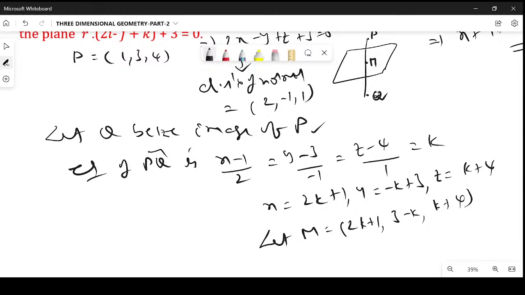But you know the point M is on the line, and this point also lies in the plane.